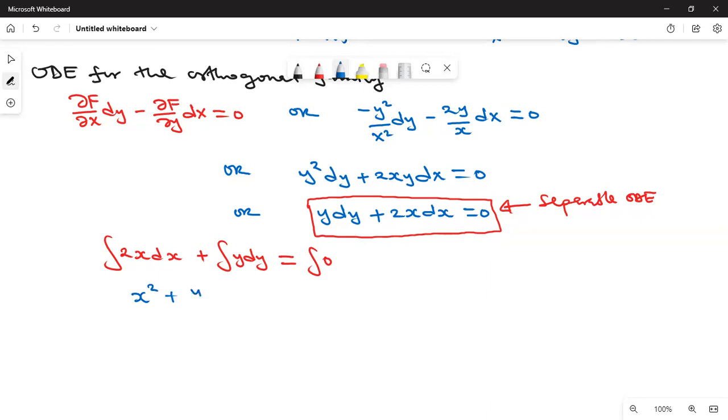Then here we have plus y squared over 2 is equal to a constant k over 2, so that I can get rid of 2. So you can say 2x squared plus y squared is equal to a constant k.